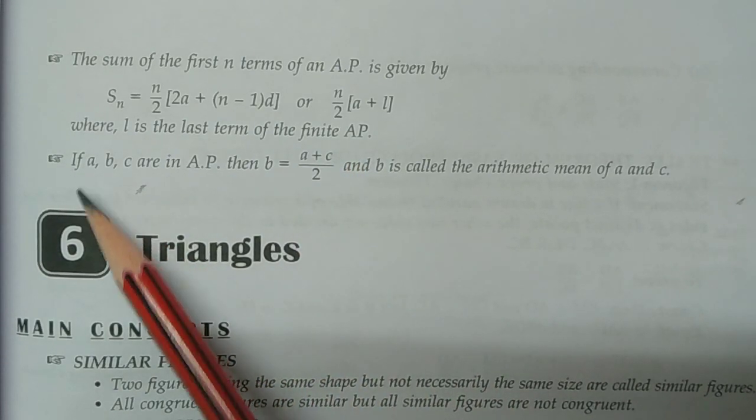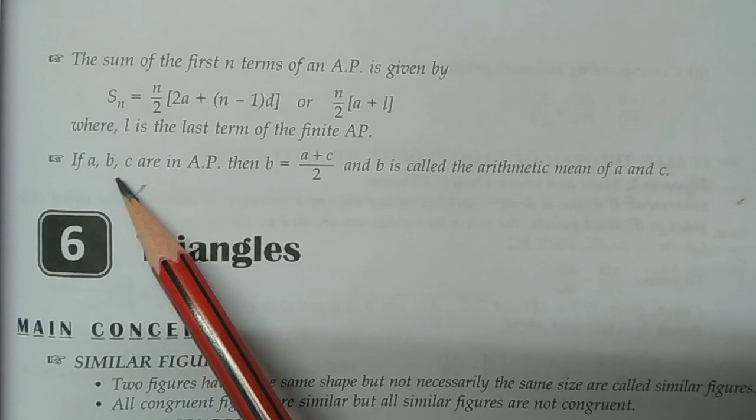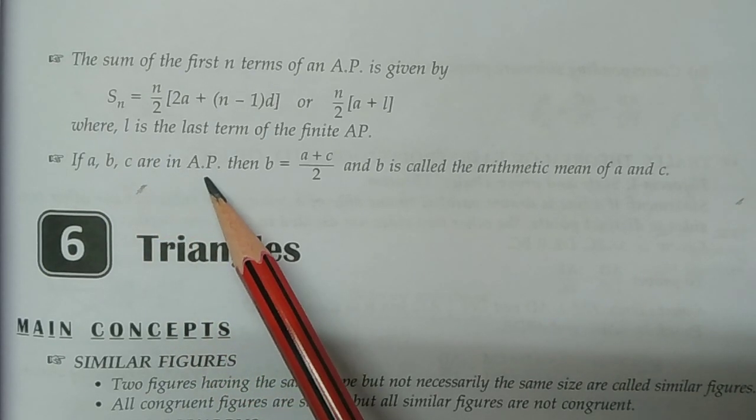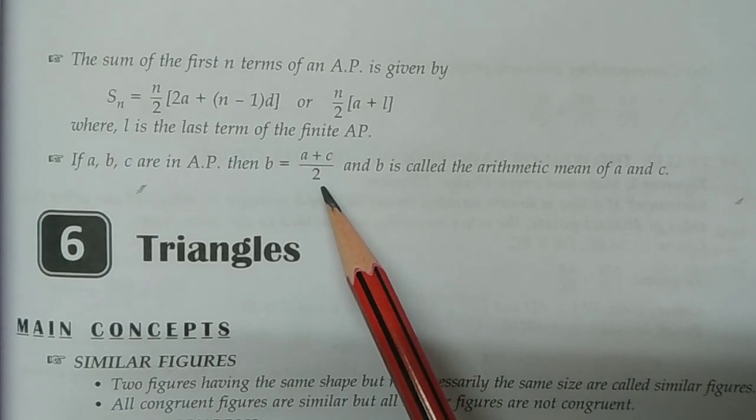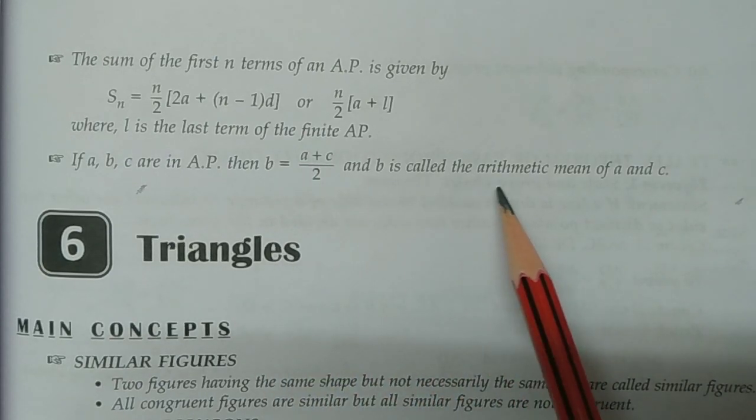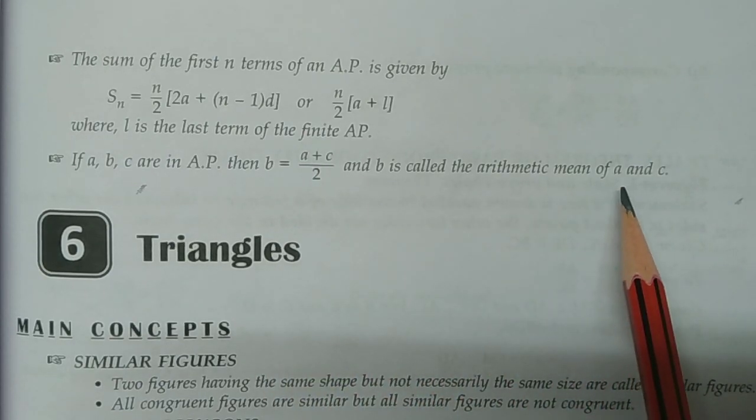Next, if a, b, c are in AP, then b equals (a plus c) by 2, and b is called the arithmetic mean of a and c.